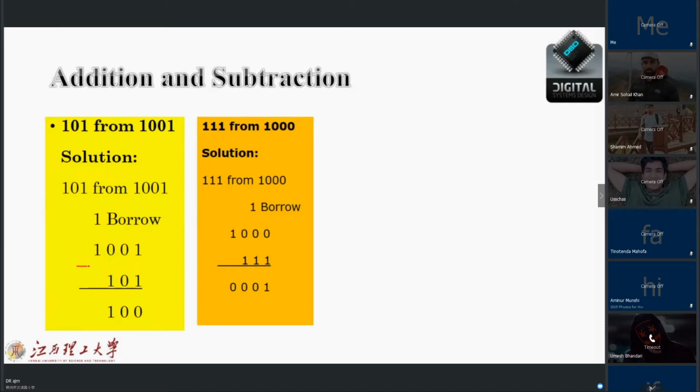See, 1 minus 1 is 0. 0 minus 0 is 0. Then this can be 0 and this one can be 1. Then it becomes 1. Same, if I have 1000 and I want to subtract 111 from it, it becomes 001.